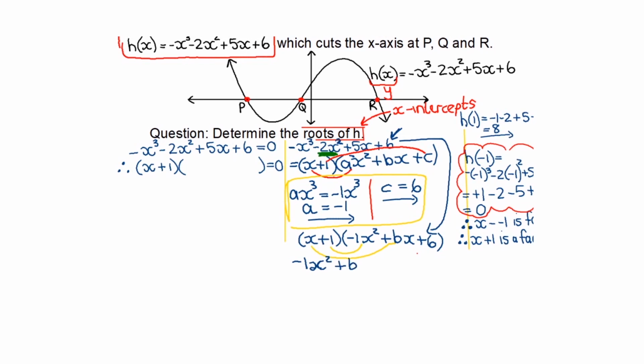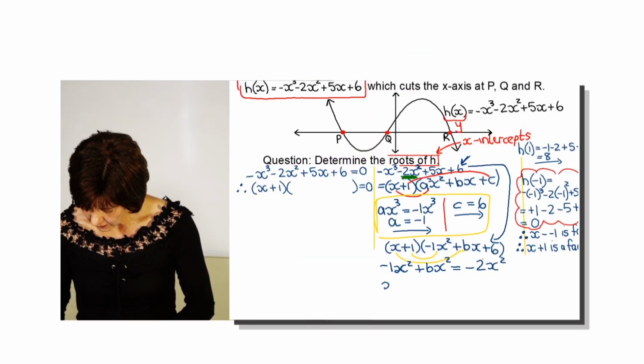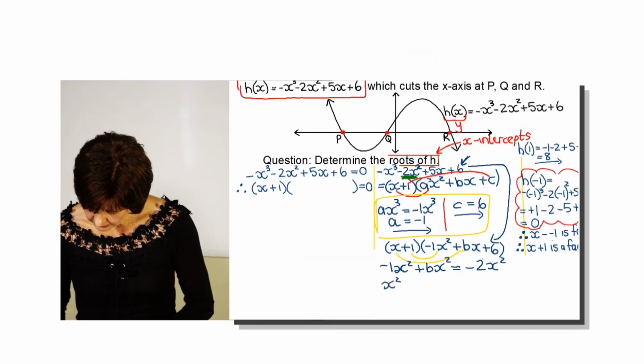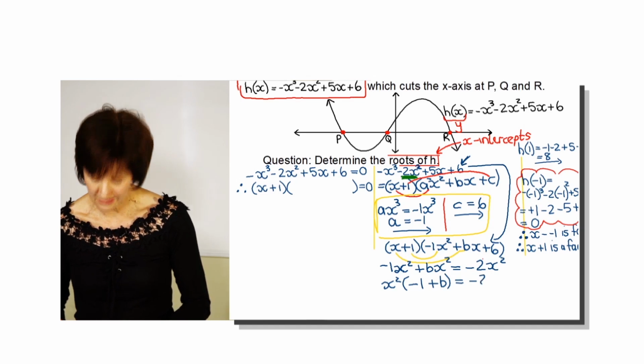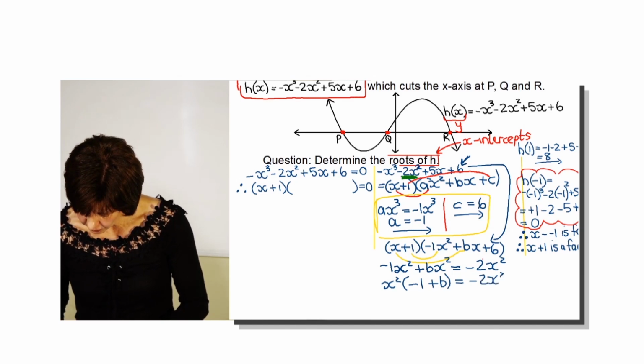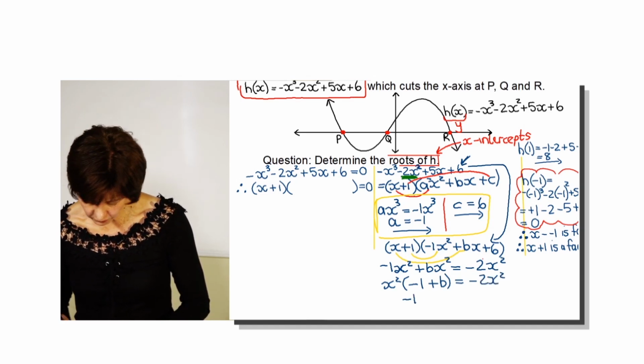Those are the ones that are going to give me x squared, which must be equal to what was given, negative 2x squared. If I take out x squared as a common factor, negative 1 plus b must be negative 2. Do you see that negative 1 plus b, the coefficient of the x squared on this side, must equal the coefficient on the other side, which means b is equal to negative 2 plus 1, which is negative 1.